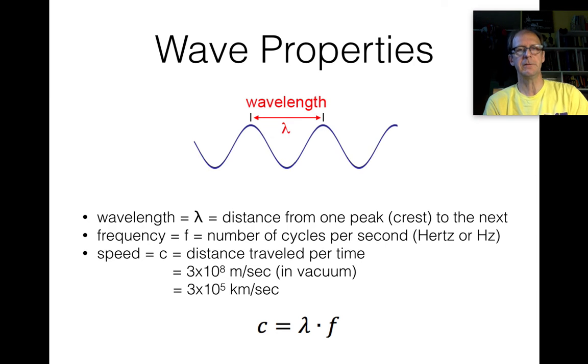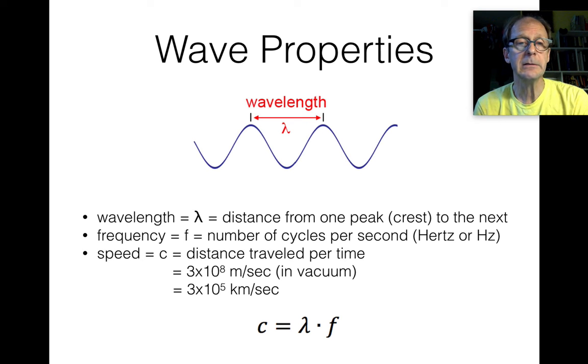Frequency is if you stand at one spot and the wave passes you, it's how many of those crests pass you per second. And the usual unit for that is the hertz, abbreviated Hz, which just means cycles per second. In fact, if you get an old radio set, the dial on the radio may be labeled cycles per second or CPS rather than hertz, but they're the same thing.